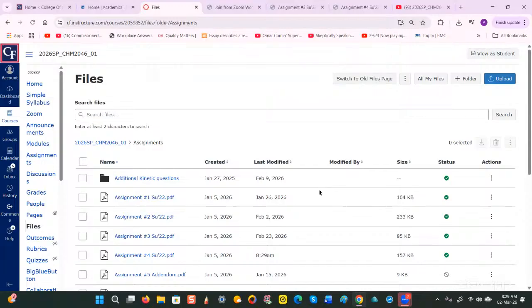So chapter 4 deals with acids and bases. And in your Chem 1 classes, you should have been introduced to what an acid is and what a base is. We're going to get into it in more detail in terms of different definitions of acids and bases. Because one of the things you're going to learn in this chapter is that there are actually different definitions of acids and bases.